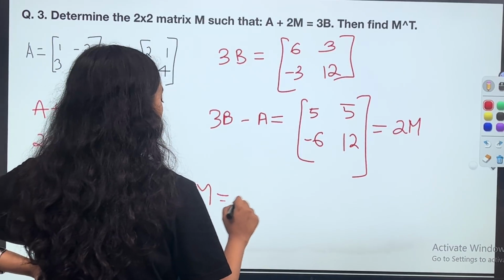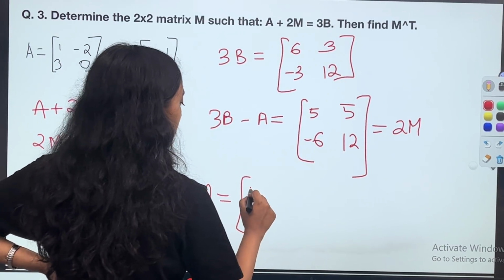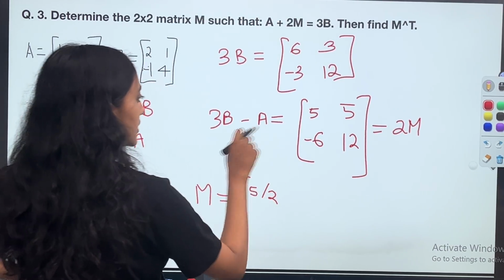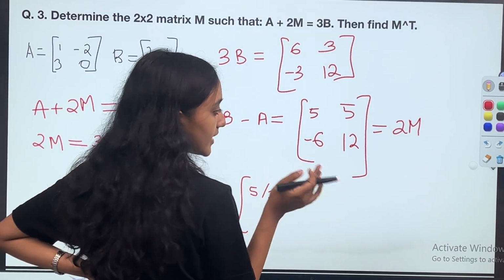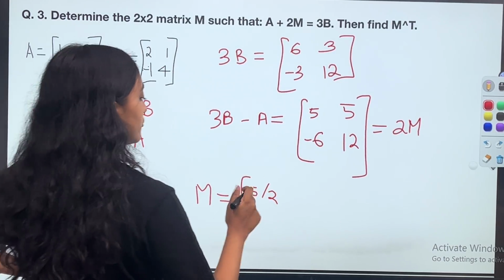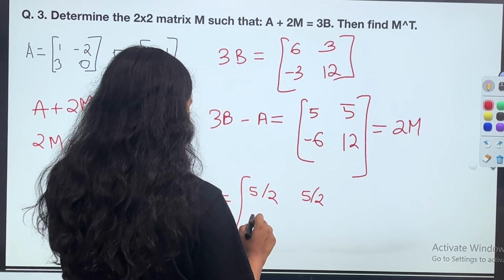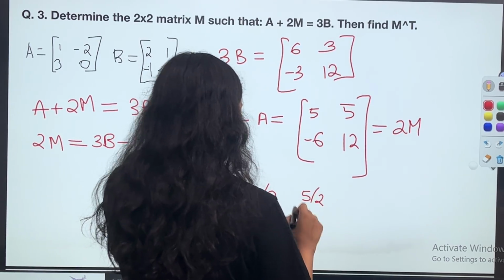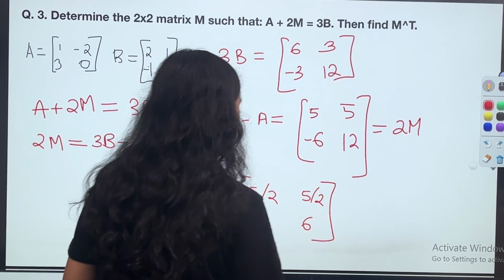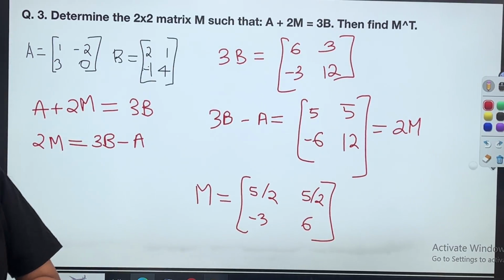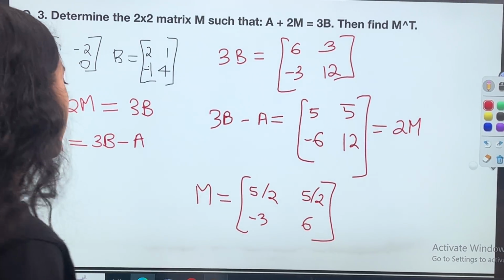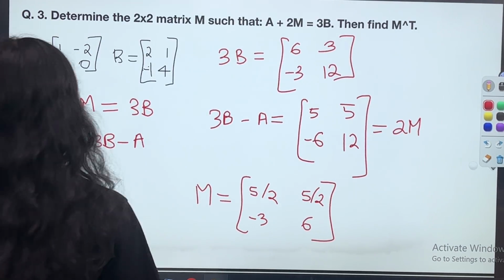M will be equal to 5 by 2. We are just dividing each of these by 2, since 2 is your scalar, so you get M: 5 by 2, 5 by 2, minus 6 by 2 is minus 3, 12 by 2 which is 6. Okay? 5 by 2, 5 by 2, minus 3 and 6. They are asking you for M transpose.